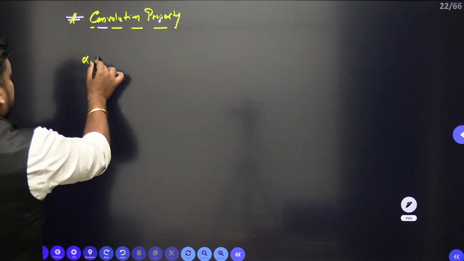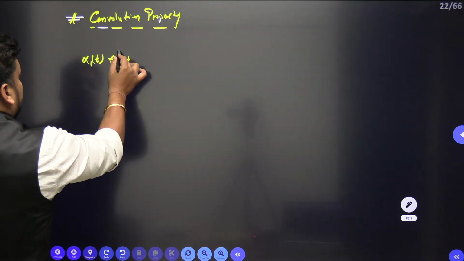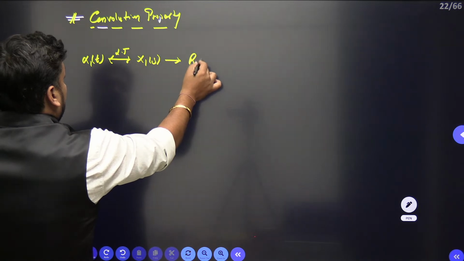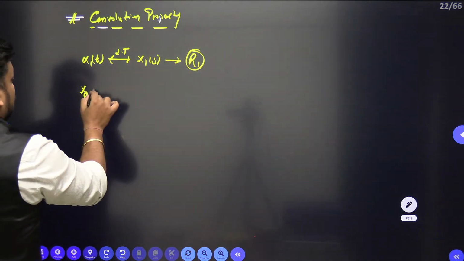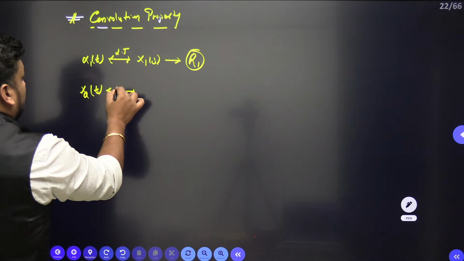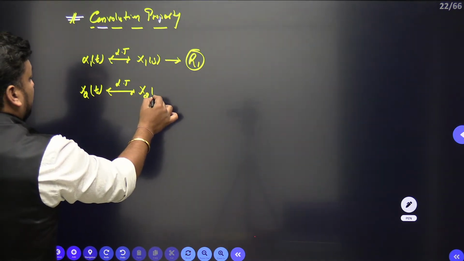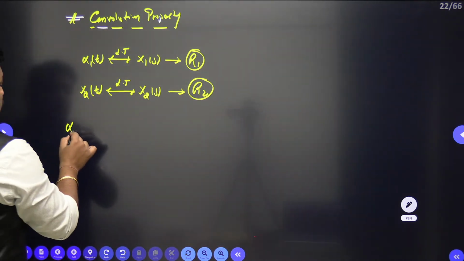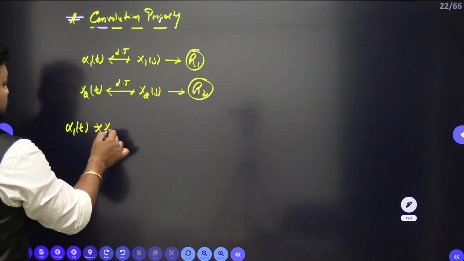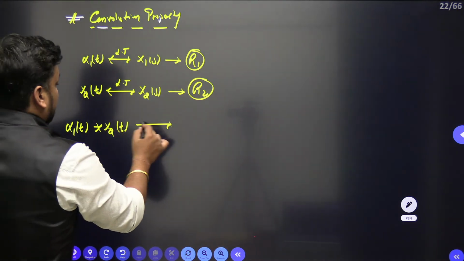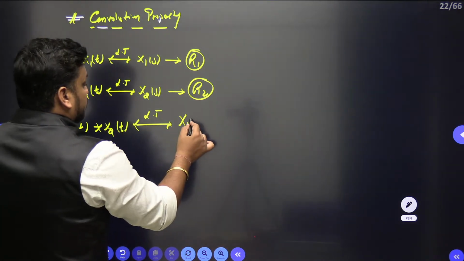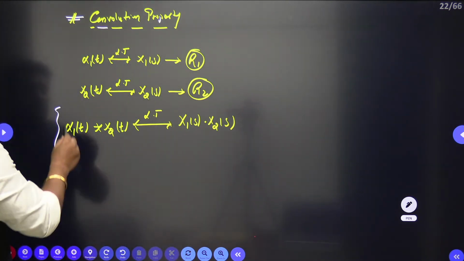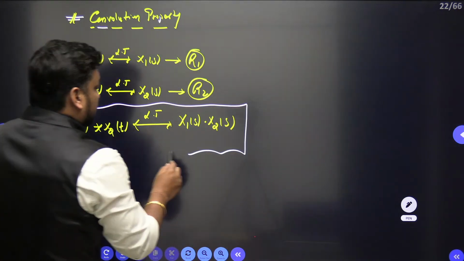The convolution property says that if x1(t) has the Laplace transform X1(s) and ROC R1, and similarly x2(t) has the Laplace transform X2(s) with ROC R2, then x1(t) convolved with x2(t) has the Laplace transform X1(s) times X2(s), because convolution in time is nothing but multiplication in frequency.